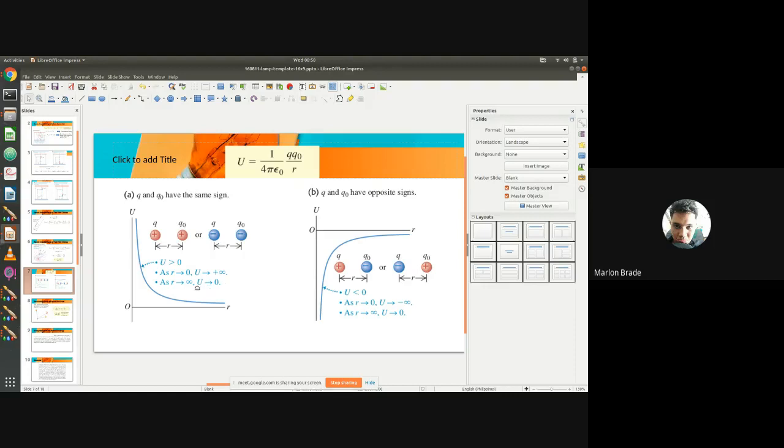Mag-zero ang potential energy kung ang R nako is infinity. So therefore, kung mingon ko ang potential energy diha nga point is U sub A, then therefore, that work done to the test charge, to move the test charge from infinity padulong ato nga point.